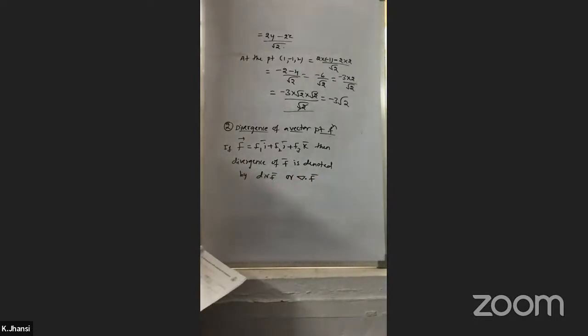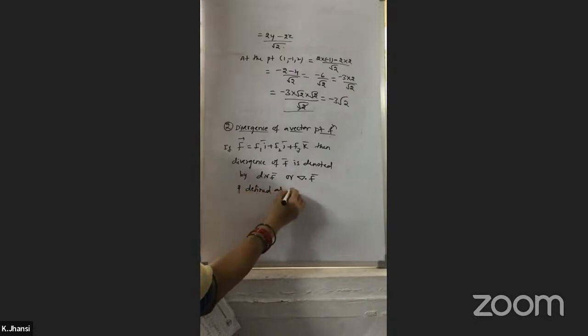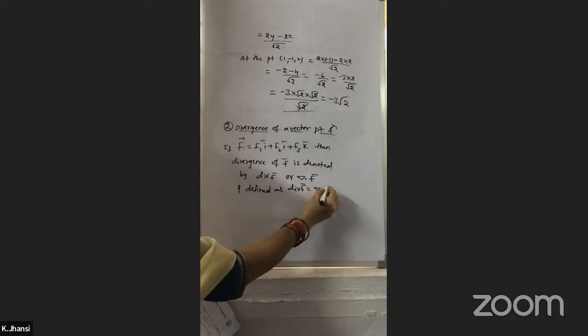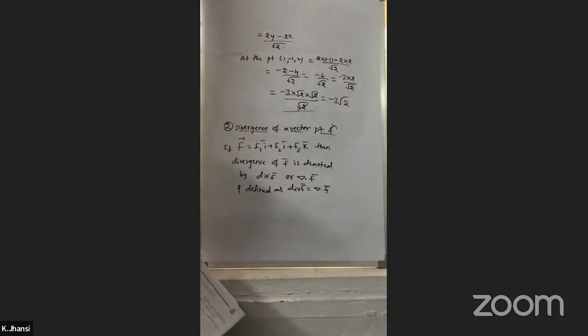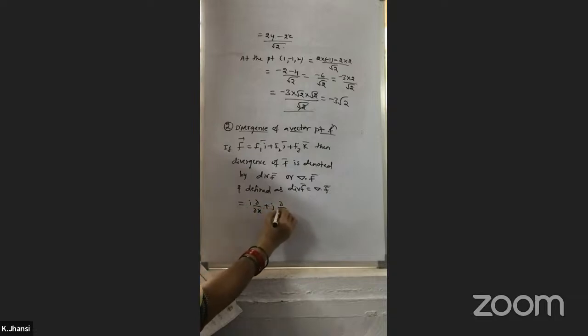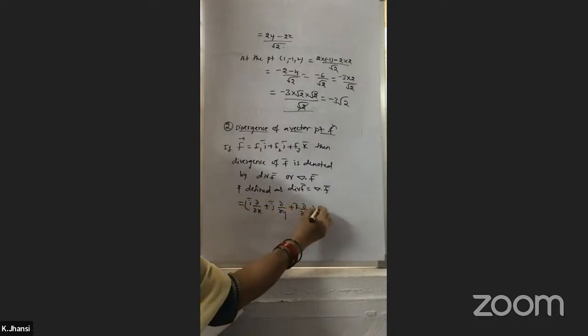Here the dot product will be there, and it is defined as div f equals del dot f. So del means what? Del means i dou by dou x plus j dou by dou y plus k dou by dou z, into f.